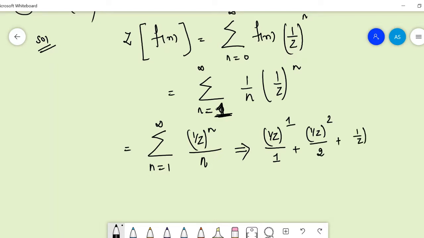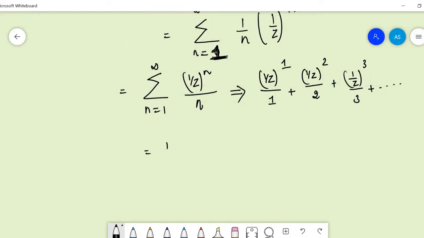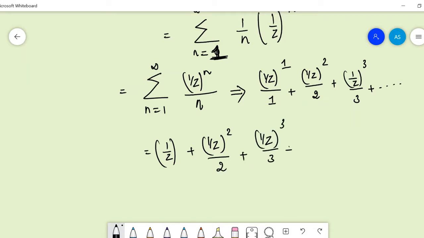Again 1 by z whole power 3 divided by 3 plus etc. So in the next step, 1 by z plus 1 by z whole square divided by 2, 1 by z whole cube divided by 3 plus etc. Don't write this expression as 1 by z square or 1 by 2 z square. It is correct only, but we have to map this series into the generalized standard result. For that purpose only, I am writing this function as it is.